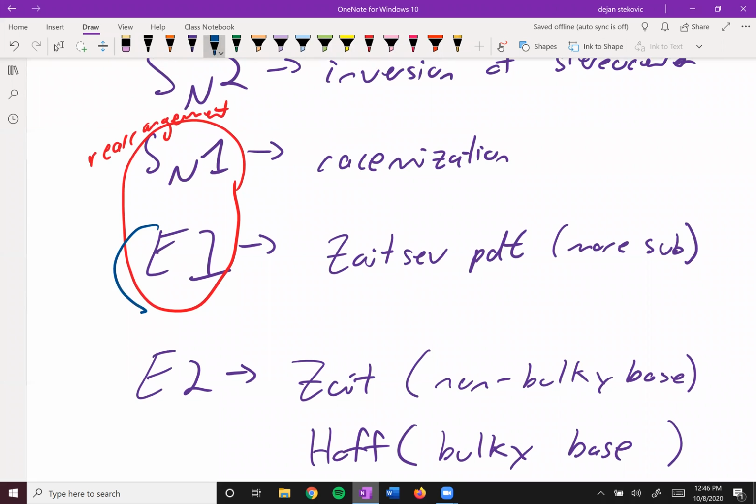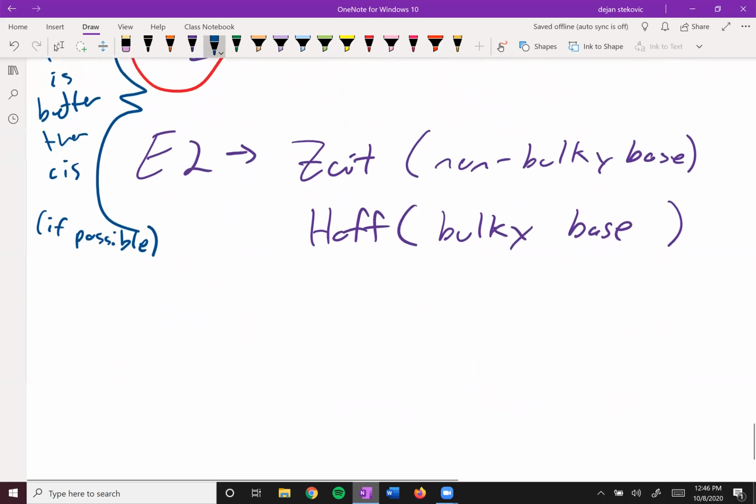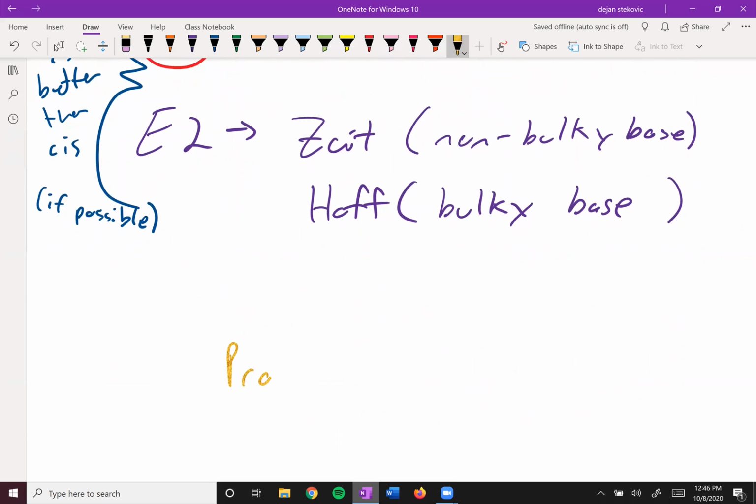Also don't forget, between E1 and E2, the trans is better than the cis if it's possible. Remember that E2 reactions must occur with anti-periplanar hydrogens and leaving groups. There's a lot of information here. The key really is to practice, and I'll try to give you plenty of examples.